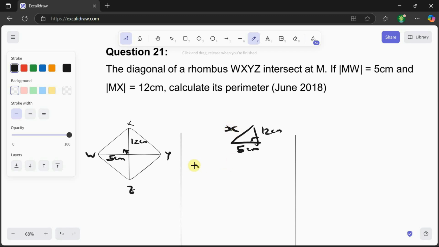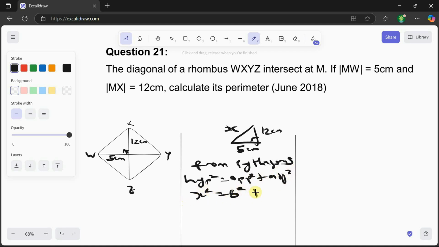So we could just say from Pythagoras, the hypotenuse squared is equal to the opposite squared plus the adjacent squared. So X squared is equal to 5 squared plus 12 squared. That will be 25 plus 144, and that is 169.